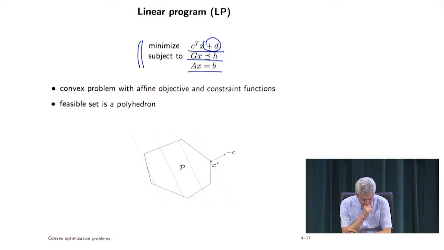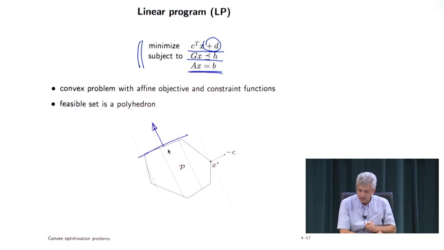Now it's a convex problem, and the feasible set is a polyhedron because it's defined by linear equality constraints and linear inequalities. And this is a picture in R2. Here each of these is a row of Gx less than or equal to h.